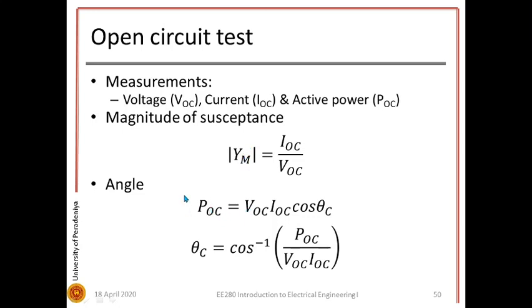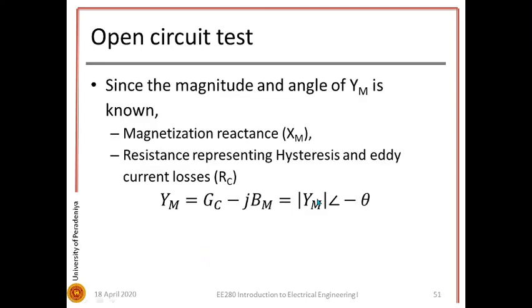For the active power consumption, we can write POC equals VOC times IOC cos theta C. From this equation, I can find the value of theta C. So I have now found the magnitude of the admittance and the angle theta C. Now I can utilize this equation: Gc minus jBm equals magnitude Ym, angle minus theta.